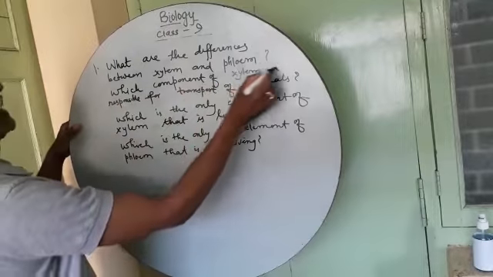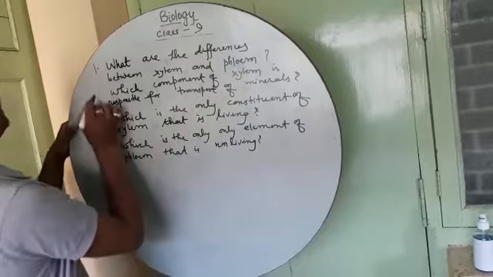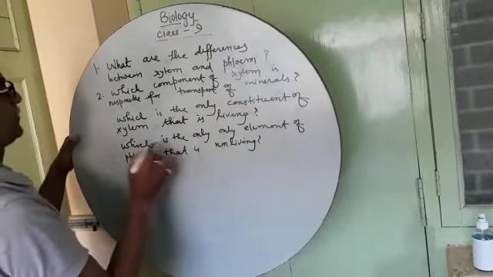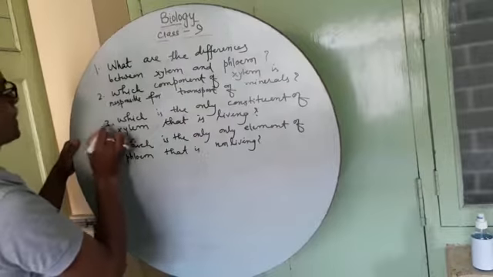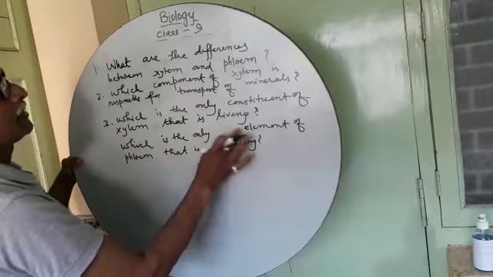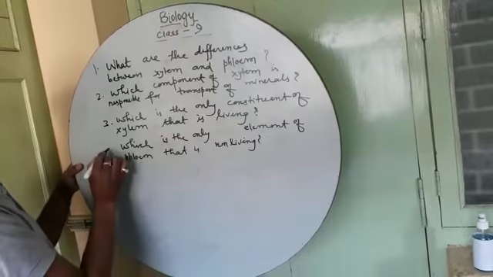Which component of xylem is responsible for transport of minerals? Which is the only constituent of xylem that is living? And which is the only element of phloem that is non-living?